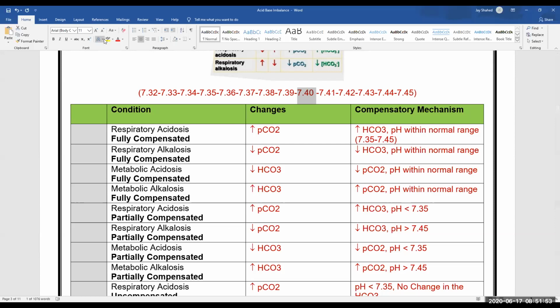Okay, so this is normal. This is perfect, right? Anything in this direction will be what? Alkalotic. Anything in this direction would be what? More what? Acidotic, or acidic, okay.